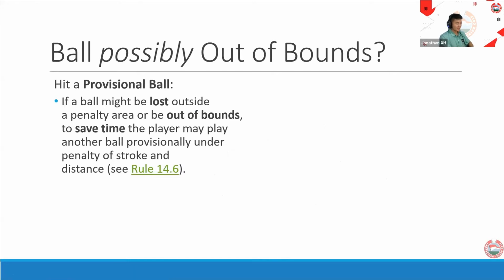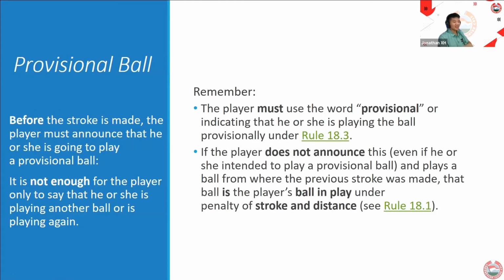Now, why I say walk back, it's because later we will discuss there's only one relief, and that is stroke and distance. Now, but here I want to emphasize on provisional ball that when you are hitting a provisional ball, before you hit it, you have to clearly announce or indicate that you are going to play a provisional ball.